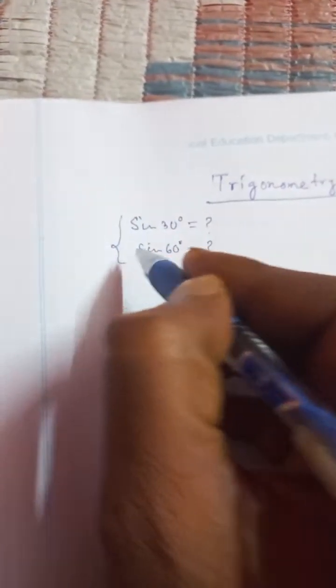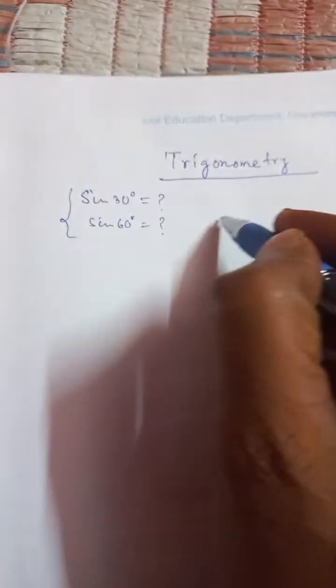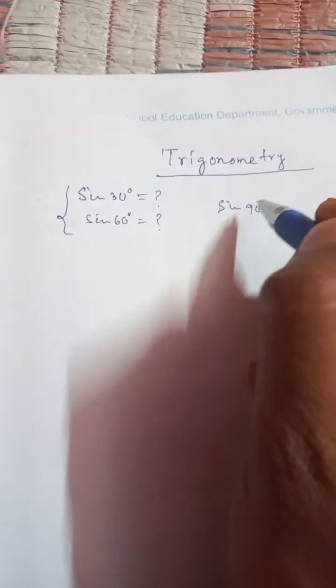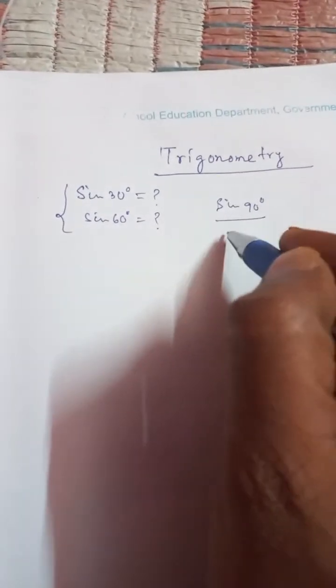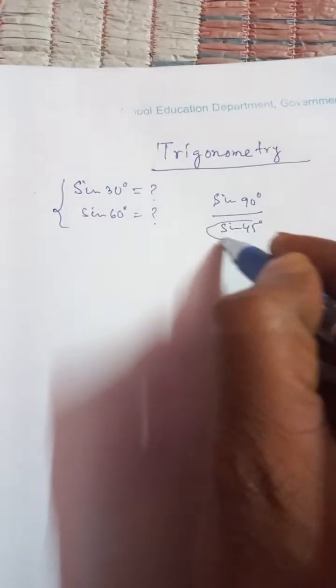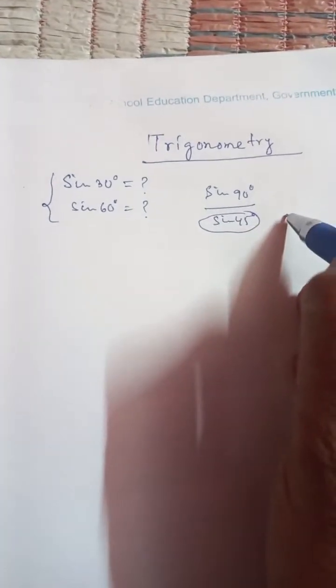How can we find out the sine 30 degree and sine 60 degree values? Through this I will try to find out sine 90 degree, and then sine 45 degree, which is very easy. So let's start.